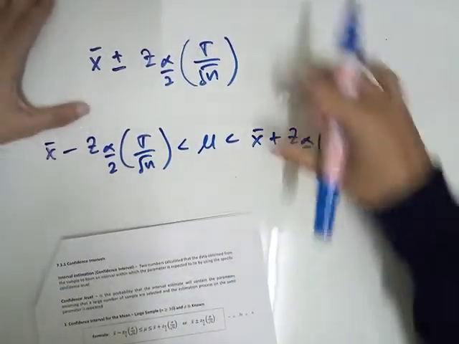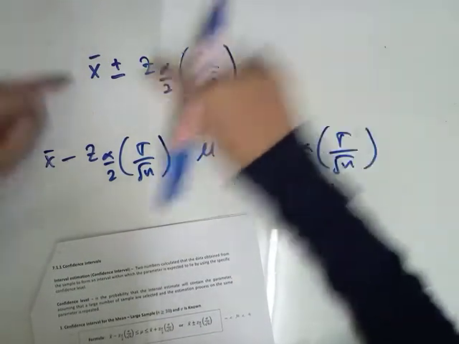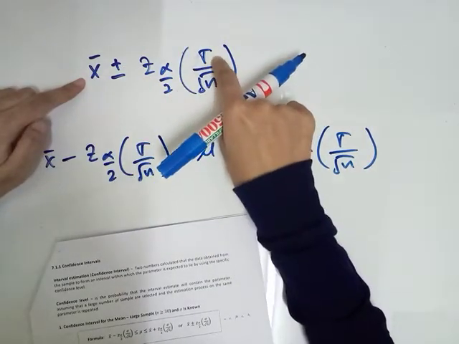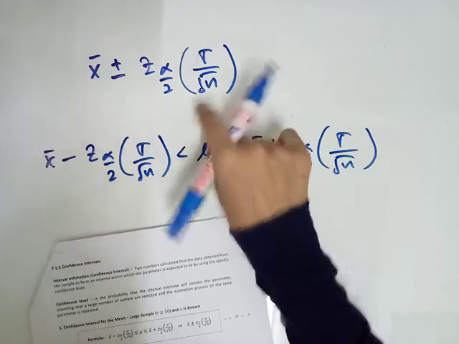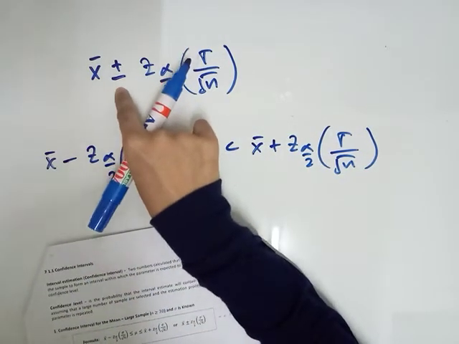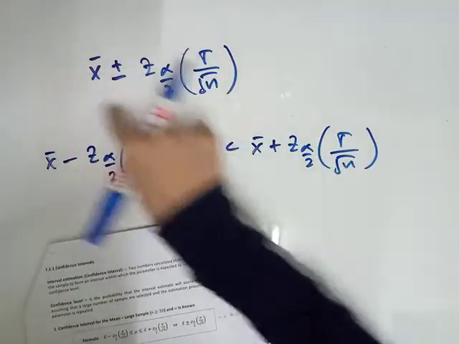So I make it the short way. The short formula is x bar plus minus z alpha over 2 times standard deviation divided by square root n. The formula is the same, only plus minus is the short form. This is the formula we are going to use.